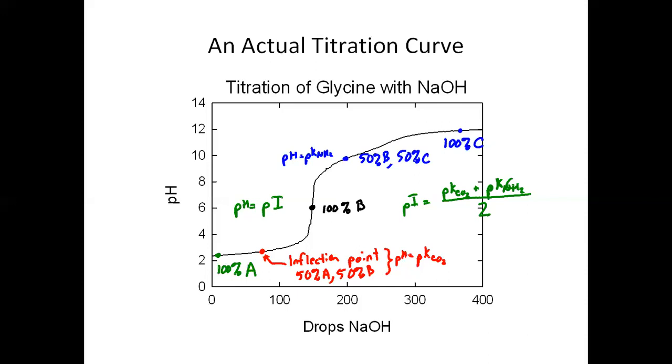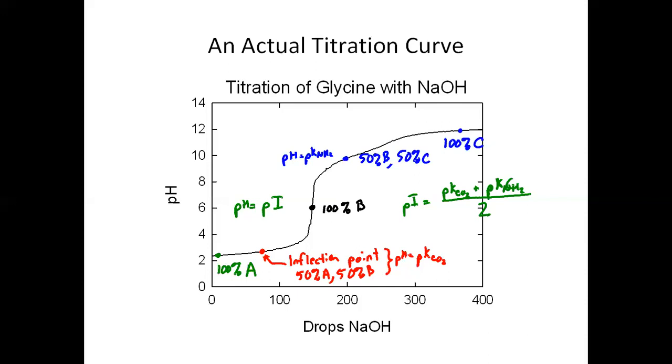Table 5.1 of your book lists the pK values, and for glycine we will be adding 2.2 plus 9.7, which equals 11.9, and dividing by 2, which gives a pI of 5.95.